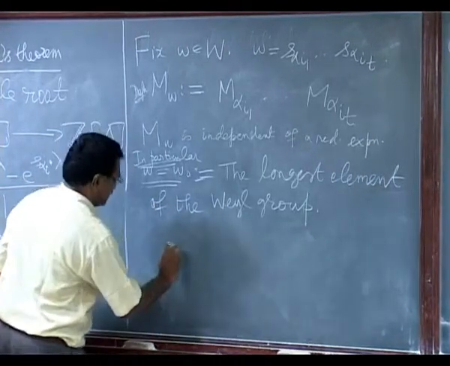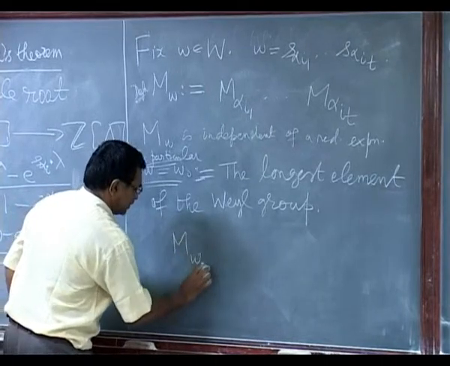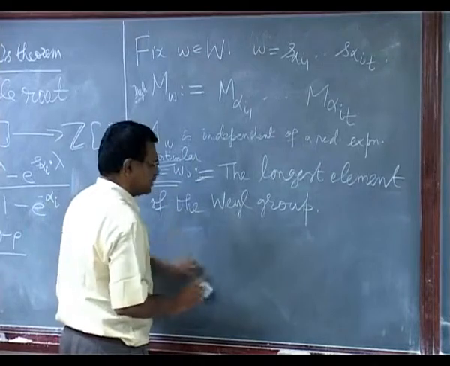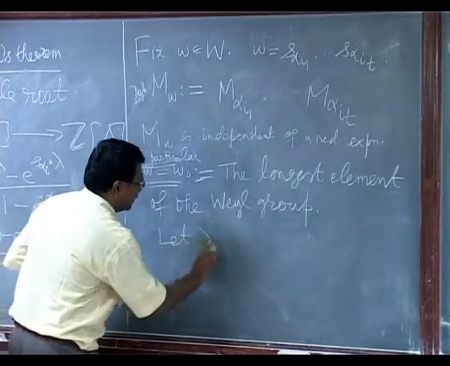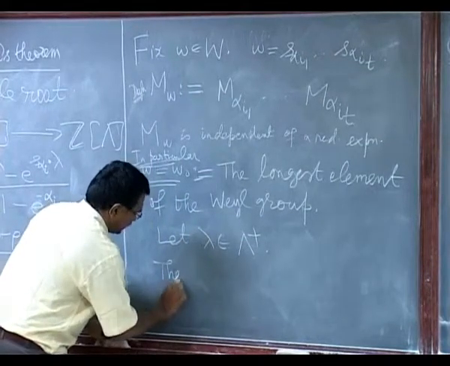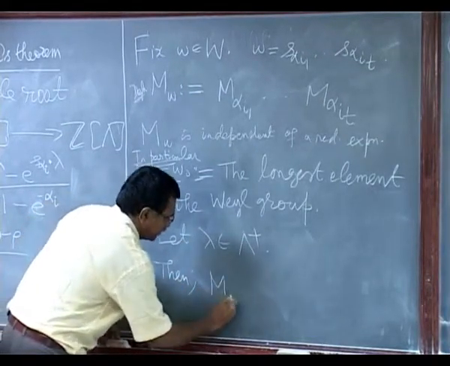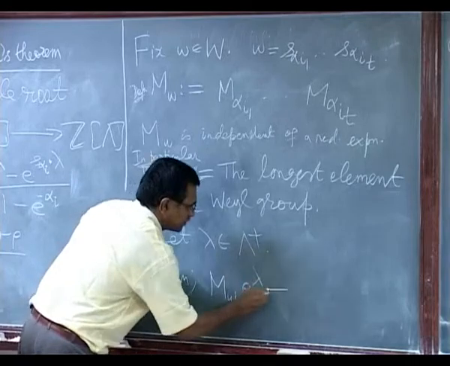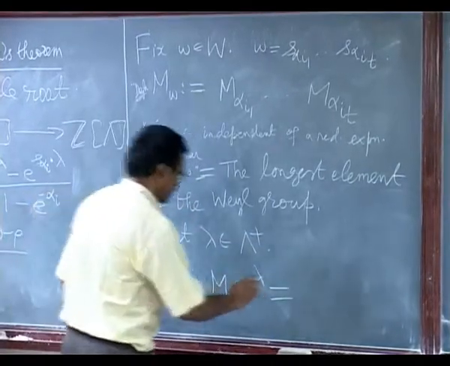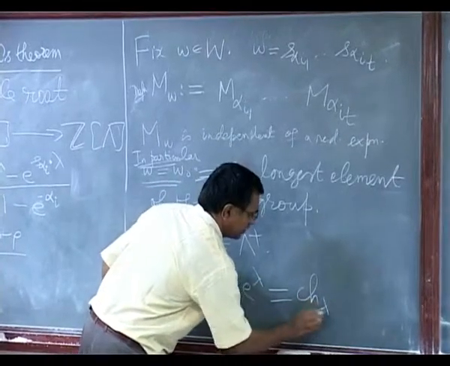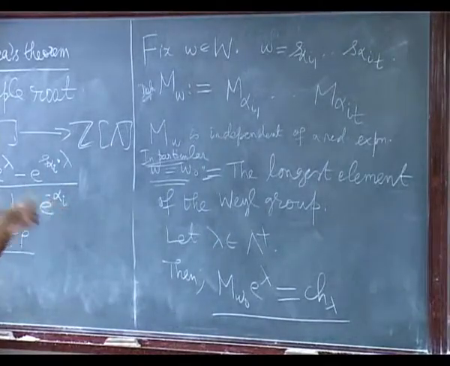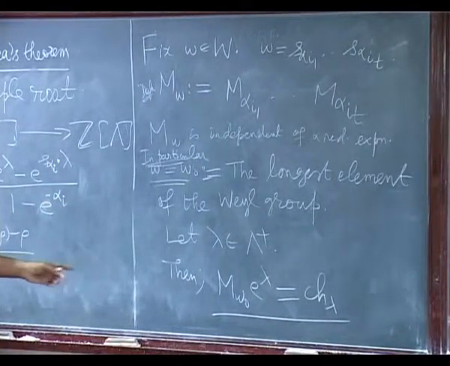Then we have this m_{W naught}, and now let lambda be dominant, m_{W naught} of e^lambda is ch lambda. So, the Weyl character formula, the ch lambda has another form.